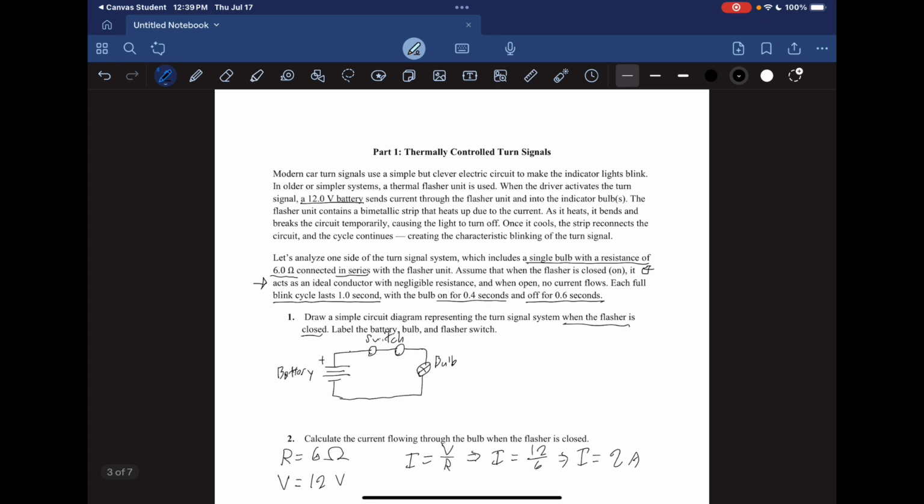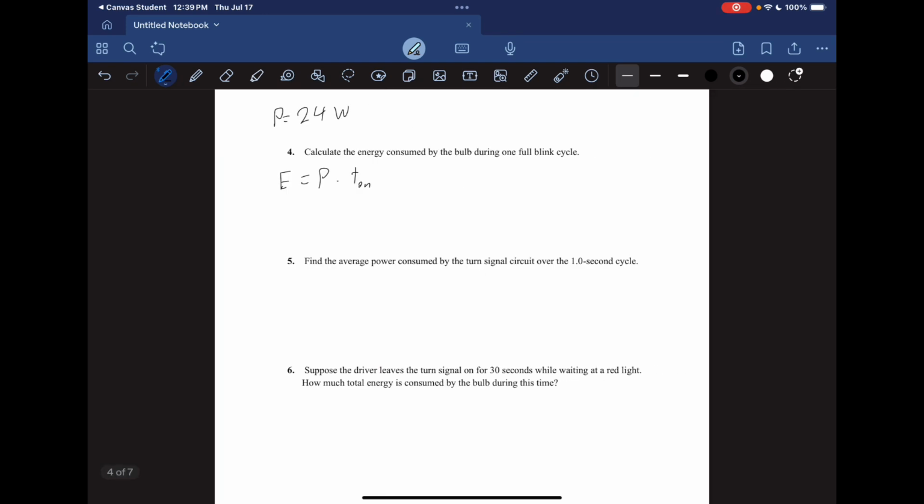And the time that the bulb is on is right here, and it is on for 0.4 seconds. So 24 watts and T on equals 0.4 seconds. So our energy is then 24 times 0.4, and this equals, let me calculate it, 9.6. And this is energy, so we have units of joules.